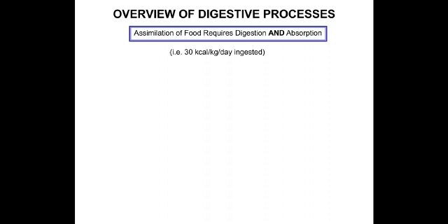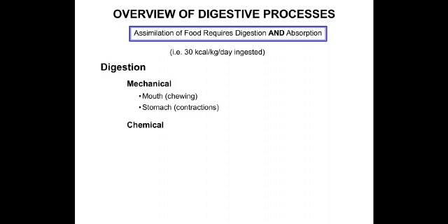So as you consume food, assimilation of food requires digestion and absorption. The mechanical processes are chewing, and the stomach has some contractions like propulsion and retropropulsion.